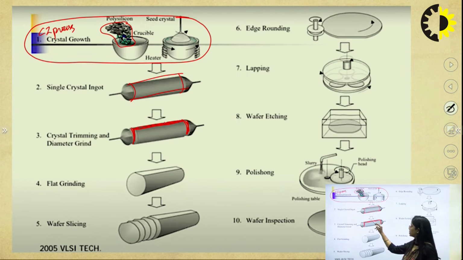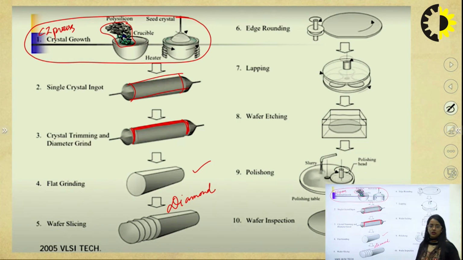We will not leave it in a perfectly circular cross section, so we make a flat on it. This is flat grinding, and then we use diamond cutters for wafer slicing. So we slice all the wafers and get a number of wafers out of one single ingot.